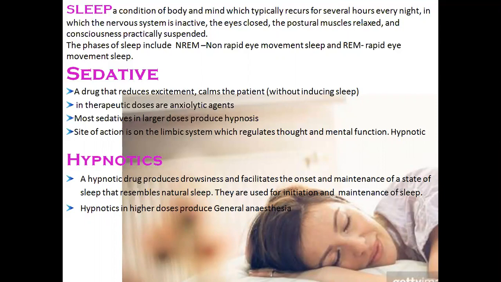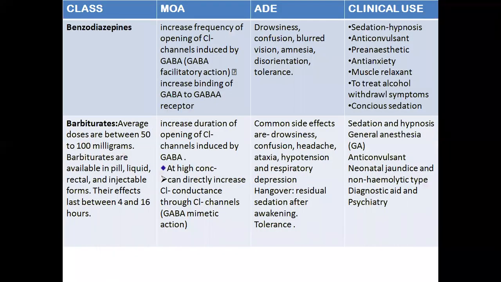The hypnotics. This is a drug which produces drowsiness and facilitates the onset and maintenance of a state of sleep that resembles natural sleep. They are used for initiation and maintenance of sleep. A higher dose of hypnotics can produce a general anesthetic action. Next are the classes of sedatives and hypnotics.